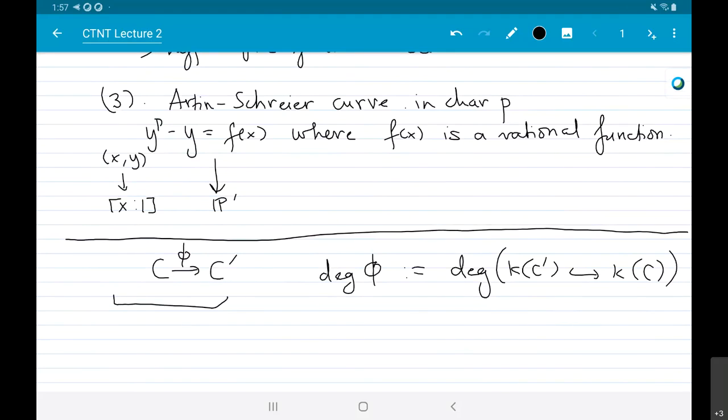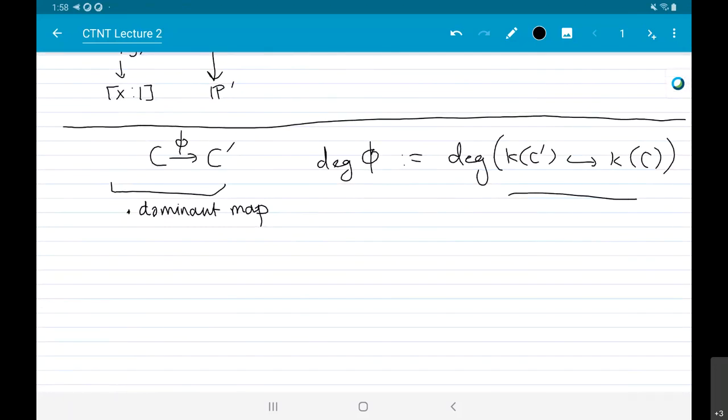Technically what this is called in algebraic geometry is a dominant map, but for our purposes you can just think of it as a surjective map. You don't have to worry about dominant. Otherwise, if you don't have a dominant map, it doesn't induce an injection on the corresponding function fields. So we're going to assume all of our maps do this kind of thing.